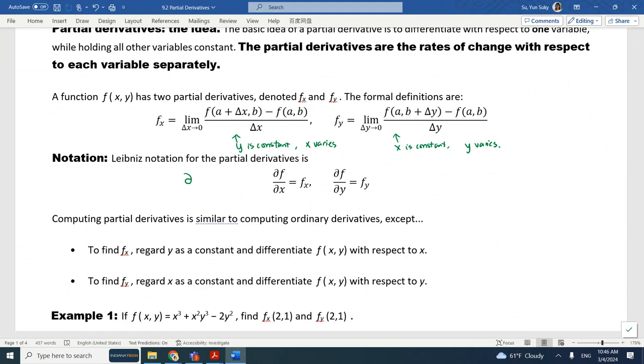Computing partial derivatives is similar to computing ordinary derivatives, except that to find f sub x, you treat y as a constant and differentiate with respect to x. And to find f sub y, you treat x as a constant and y is the variable. You take the derivative with respect to y. Is that okay, everybody?